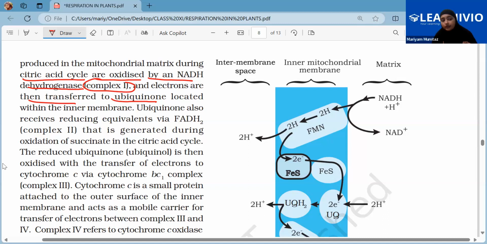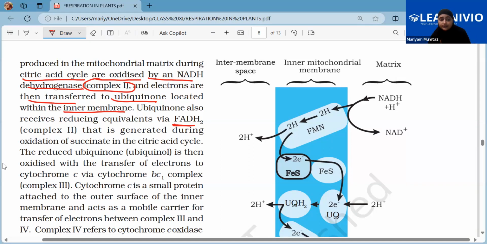It is a molecule which is located within the inner membrane of the mitochondria. Apart from this electron which it has received, it also receives electrons from the FADH2, which is the second complex. And once it receives the electrons from both sides, it gets reduced.